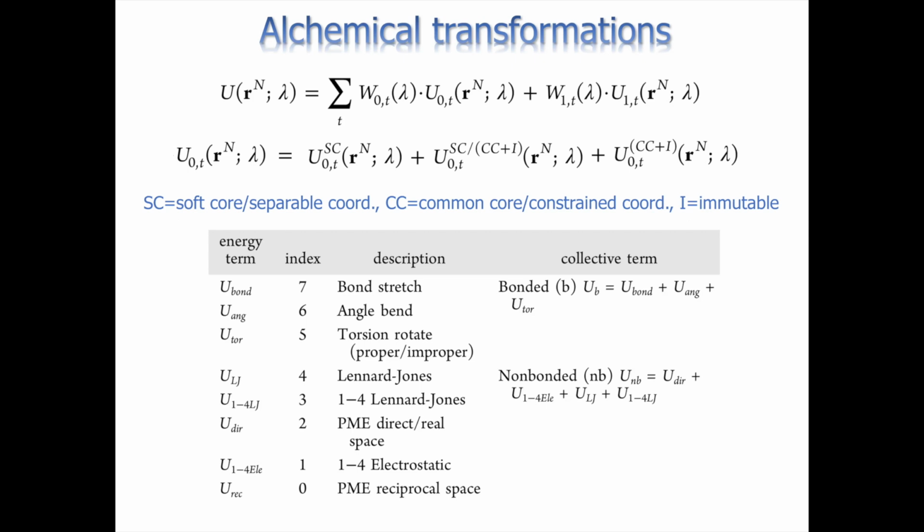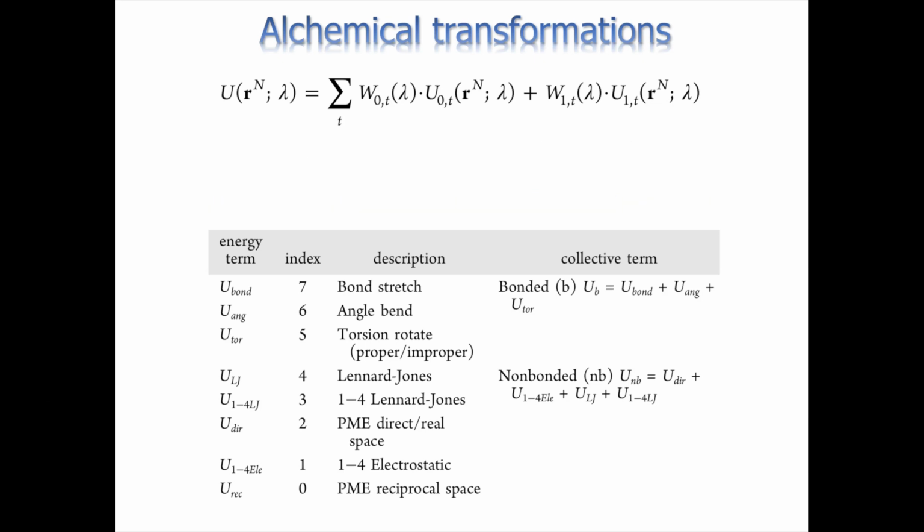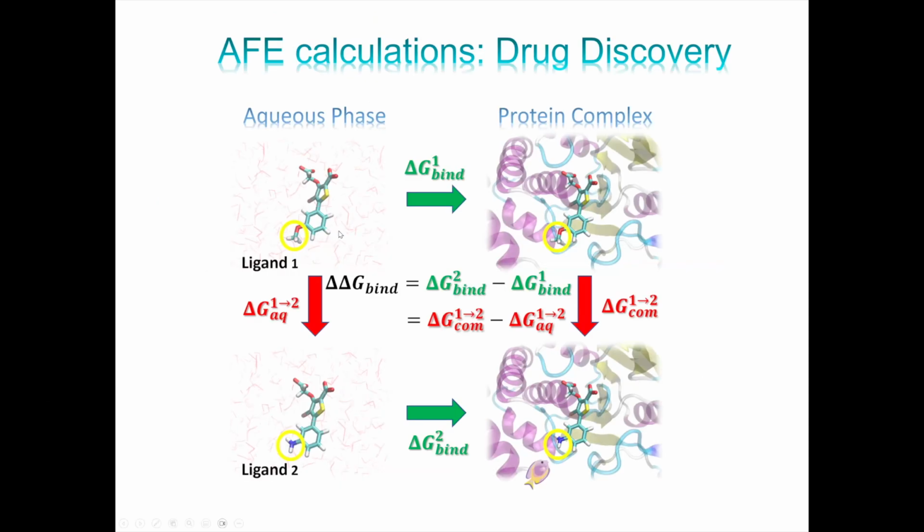Now, these other 2 terms, SC and CC, are the parts that are actually going to be transforming. Assuming you have 2 different ligands, the entire ligand would constitute the soft core and common core regions, but it would be split up into 2 parts. Take the ligand we were looking at before: everything is the same except the part that's circled in yellow.